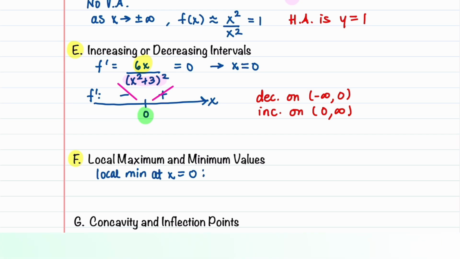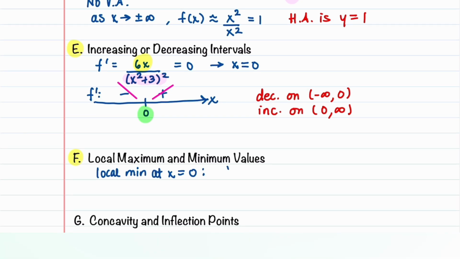And we saw when we were doing our intercepts that f at 0 was equal to 0. So we can say we have a local min at 0, 0. So that's just a min at the origin. And from our graph in part E, we can see that we have no local max. So let's write down no local max.